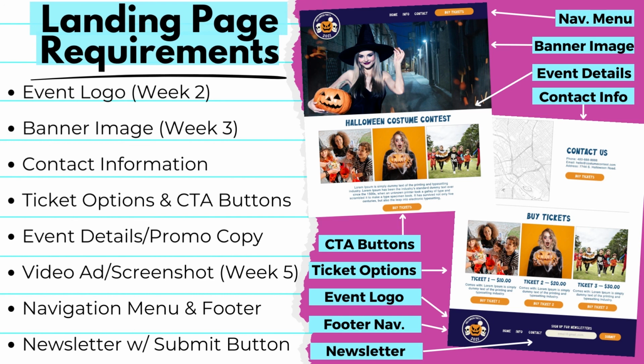So if you look to the right, you can see some important information with arrows pointing to the correct portions of the landing page, which will include starting with the event logo and your navigation menu, your banner image, some event details, also some contact information, some call to action buttons, your ticket options, promotional copy, also your event logo at the bottom of the footer, and also include your newsletter with your submit button.